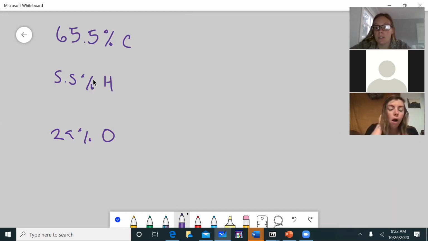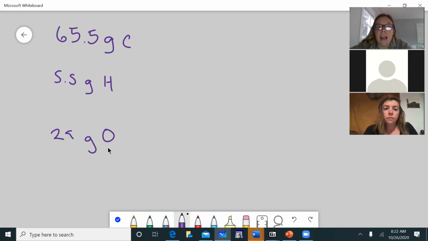So that's what we're going to do. We're going to assume we have 100 grams, and I can take these percentages and right off the bat convert them into grams. So I'm going to get rid of the percentage and convert it to grams, because if we have a 100-gram sample, that's how many grams we would have of each.